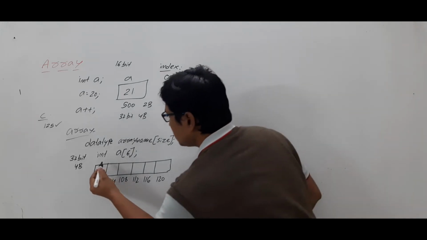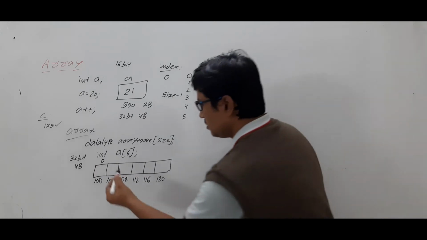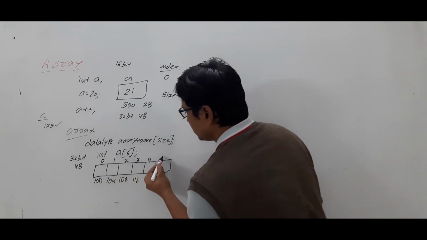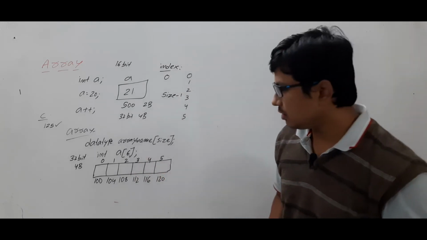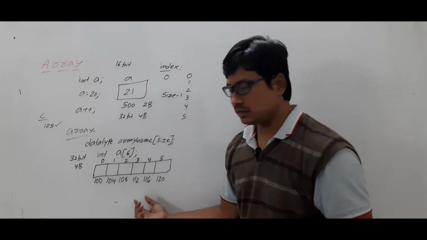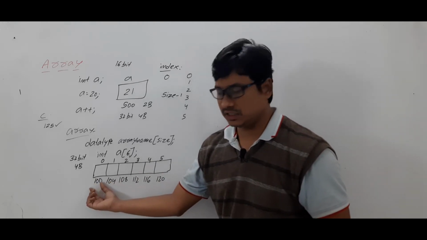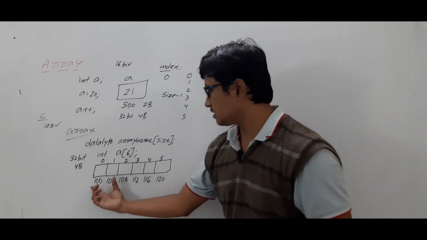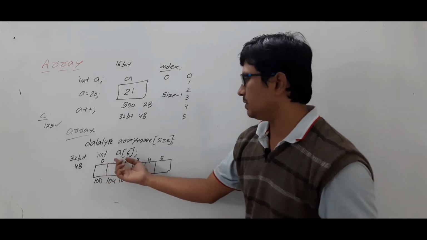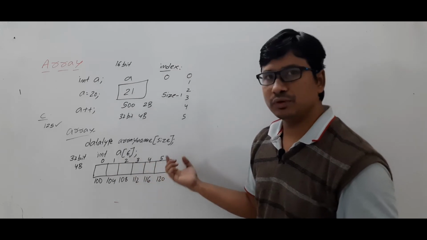So this is the 0th index, first index, second index, third index, fourth index, fifth index. Okay, are you able to understand it or not? So these are the addresses. If you are thinking that the first address location is 100, then all the next elements will be stored in these address locations and the indexes will be 0, 1, 2, 3, 4, 5.